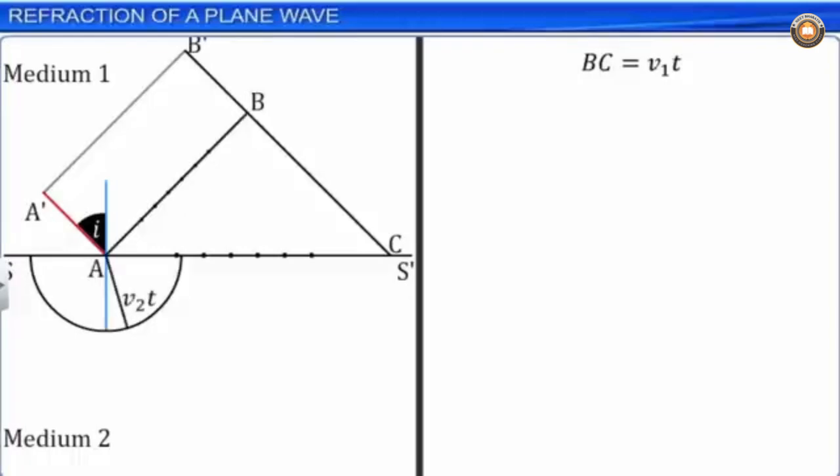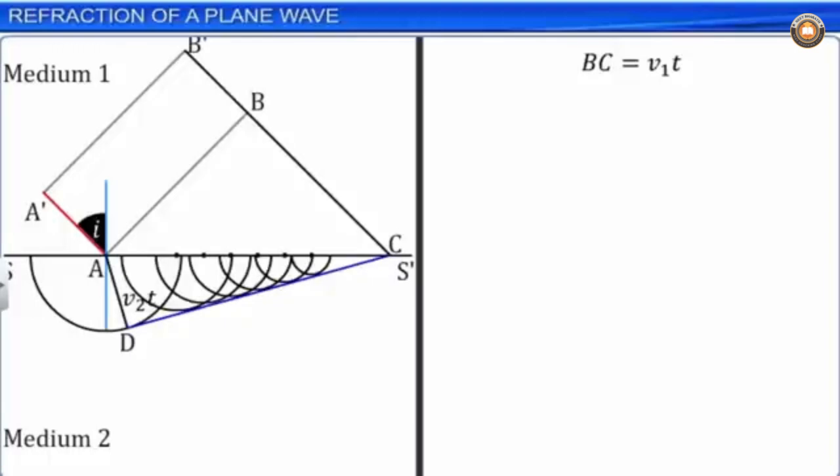Secondary wavelets from different points on the interface form hemispheres of different radii in medium 2. If we construct a plane CD tangential to all these hemispherical secondary wavelets, it would represent the refracted wavefront after t seconds.